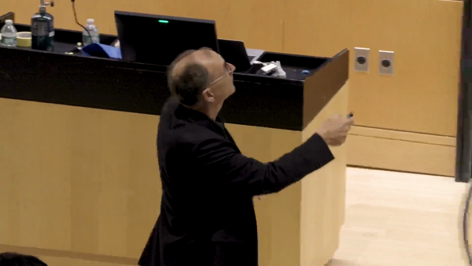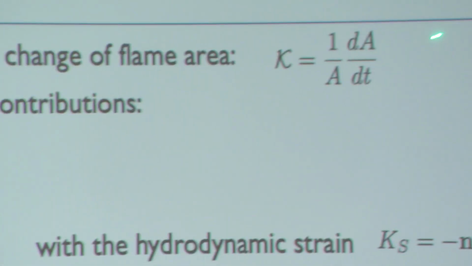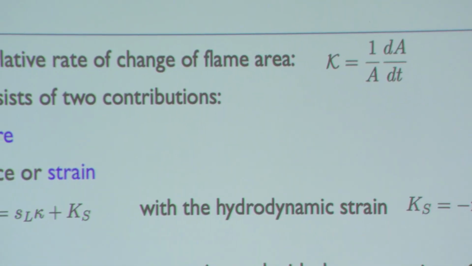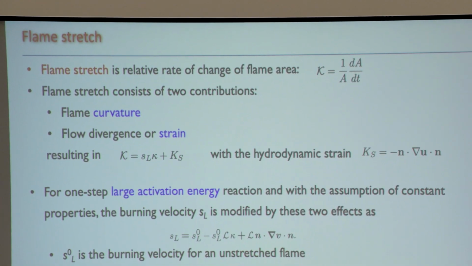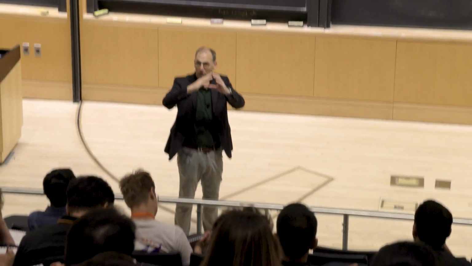There are two effects that change the flame area. One is curvature, and the other one is strain. Two examples. Curvature: look again at the case we had earlier. You have a spherical flame that has curvature, and it burns.